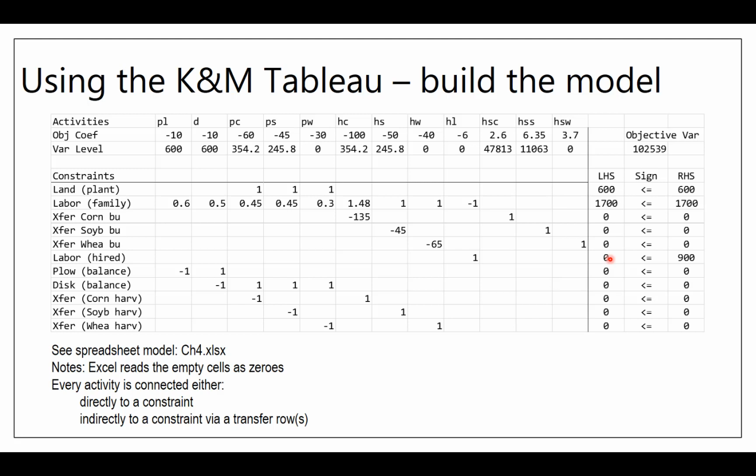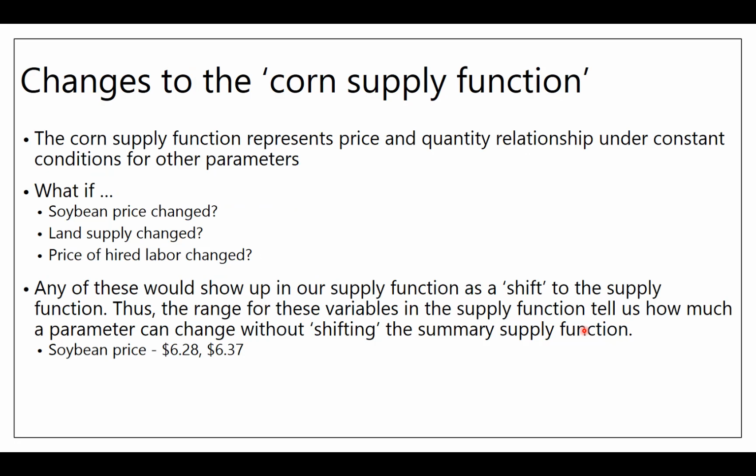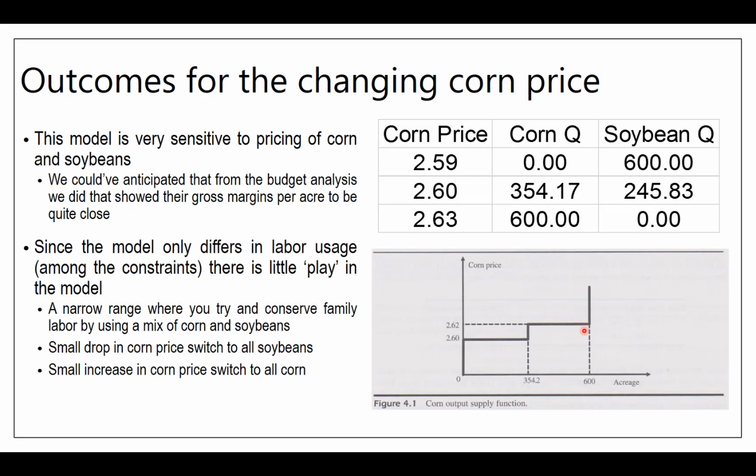We are not hiring any labor, and so it makes perfect sense that the competition here is a two-activity competition. It's between corn and soybeans, and the basis is always going to reflect that, and you're really going to be able to only switch the basis by whether that labor constraint is important or whether it's not. And so I showed you this, and I said the labor constraint is in play right here, and it is.